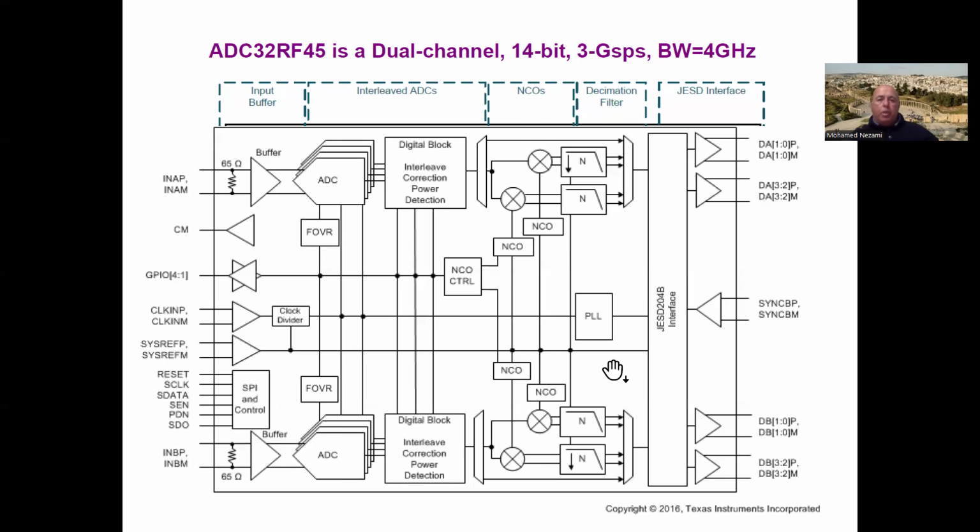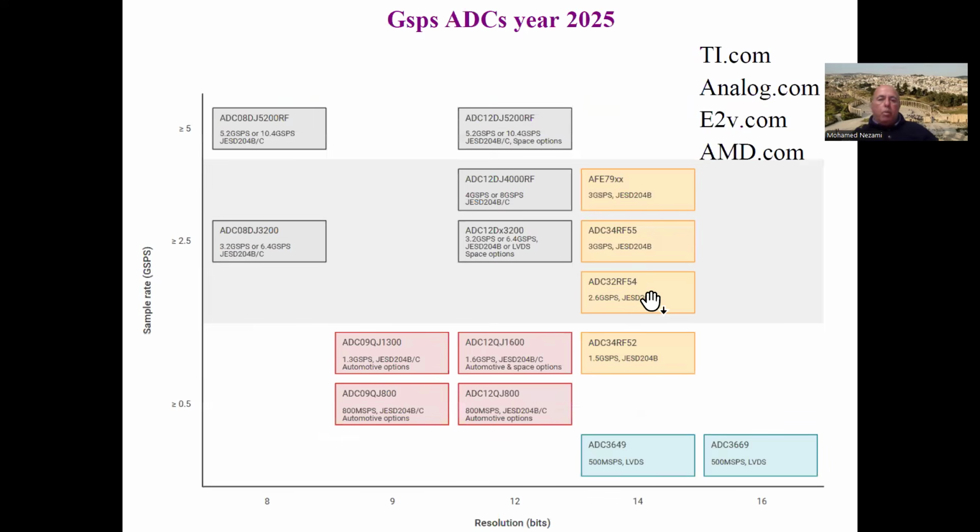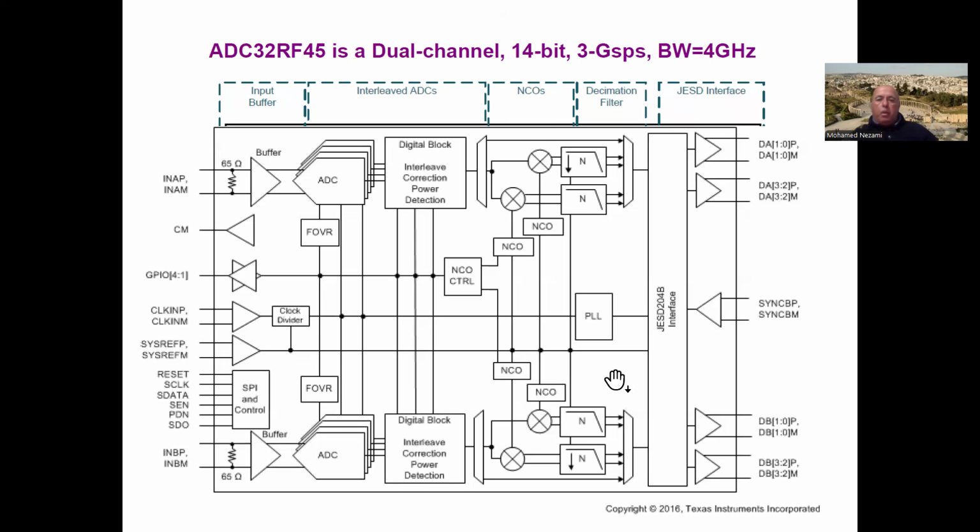So this is what you've got. Of course, this is dual channel, and there's other stuff in there, like the serial peripheral interface. Of course, the JESD interface. This is a standard that is either 204B or C, and we will get to that in a moment.